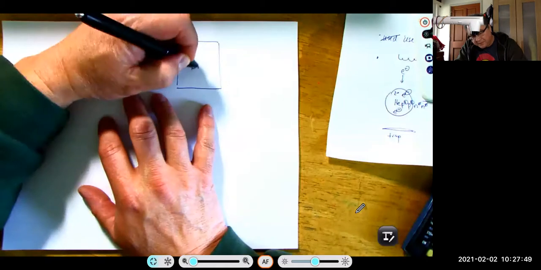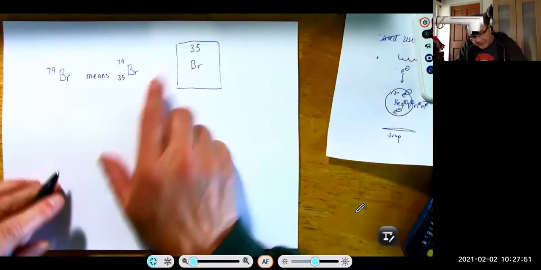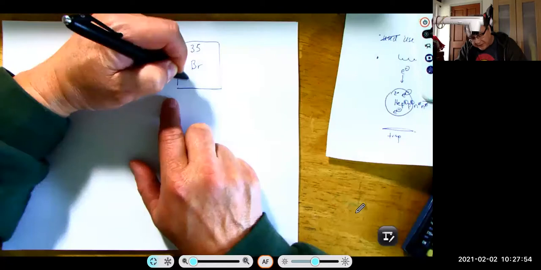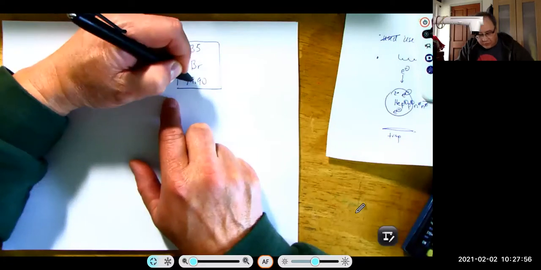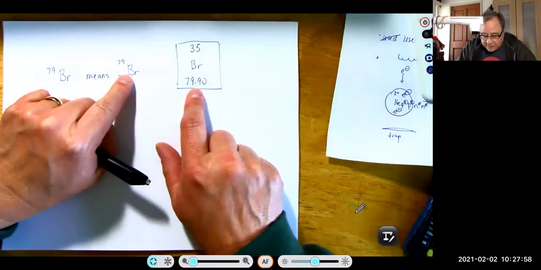Here's your Br. There's the 35, and this is 79.90. So if we round 79.90 to the ones, we get 80, and that doesn't say 80.